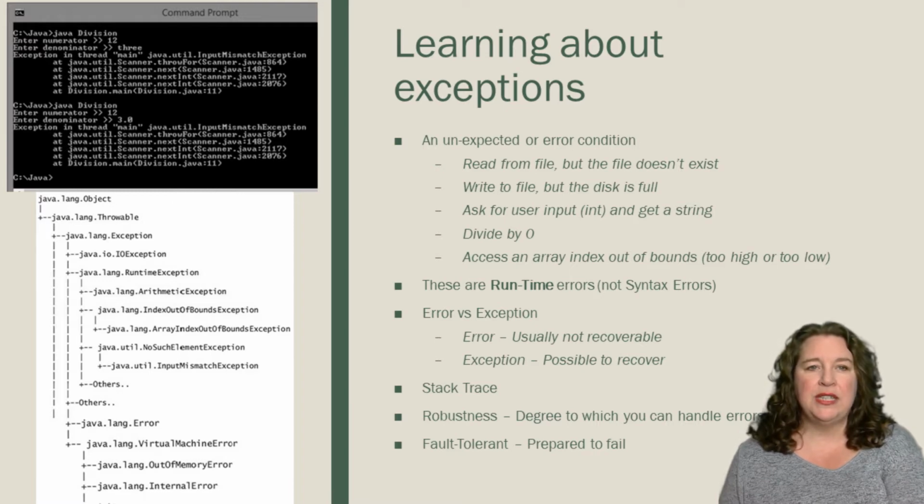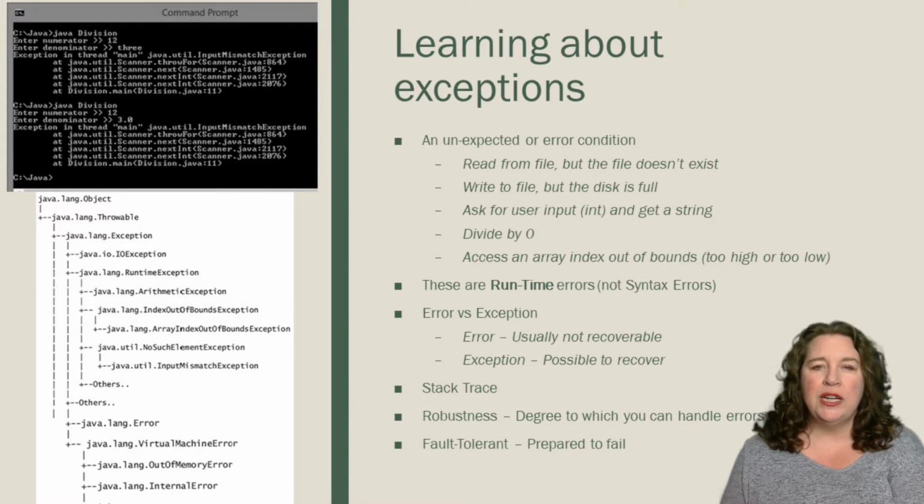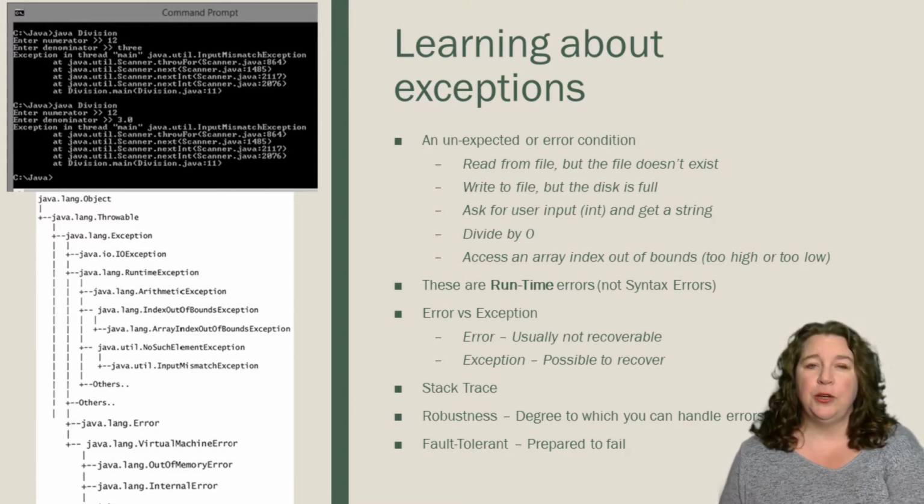In the examples here, it's inside of the Java utility mismatch exception, the utility scanner throw for a scanner. In this case, it's an error that you can't do anything about. It's inside the Java utility, and it's there for a reason. It's because you were trying to turn a string into an integer, and it didn't know what to do with it. So it threw an exception at you.